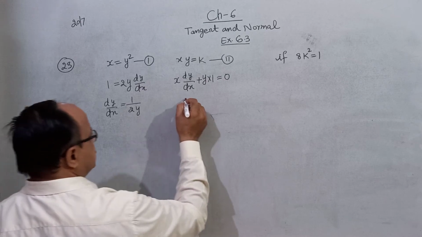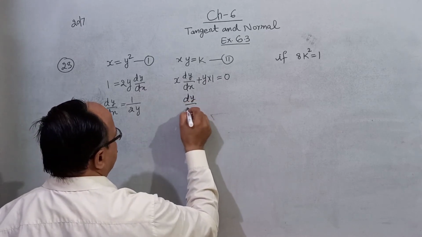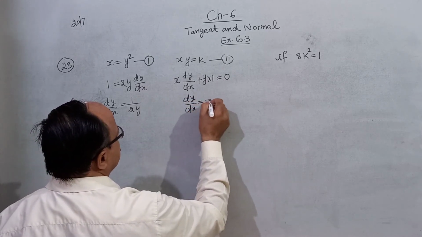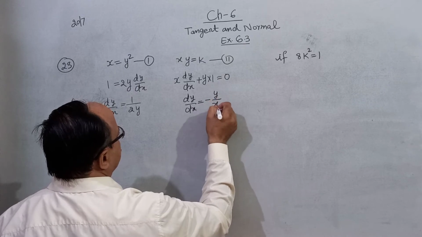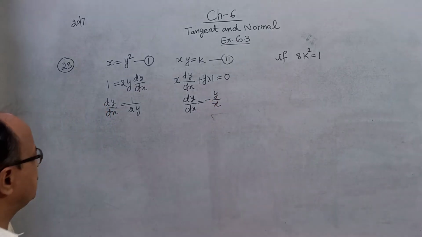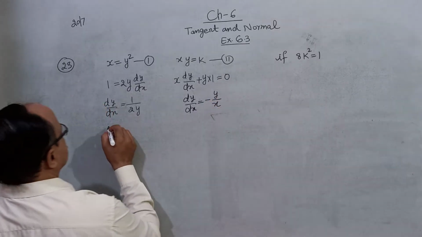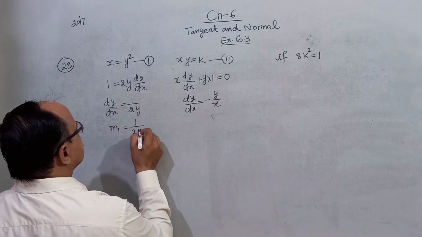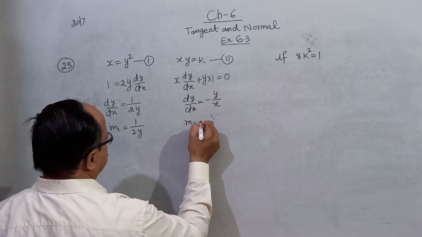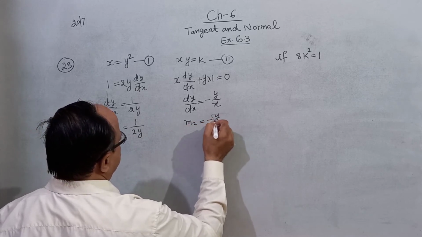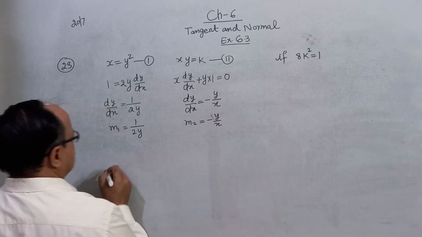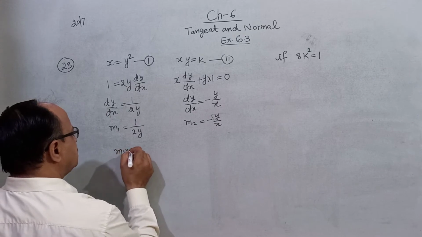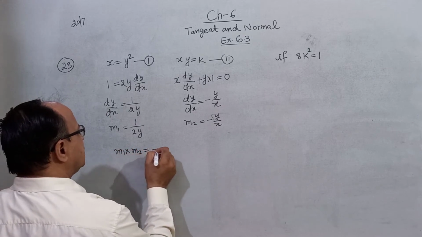So from this relation you can find dy by dx is equal to minus y by x. Suppose this is equal to m1 and this is m2, minus y by x. And you know that m1 into m2 is equal to minus 1.